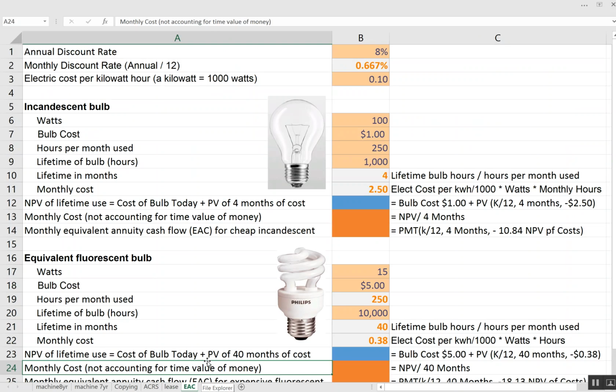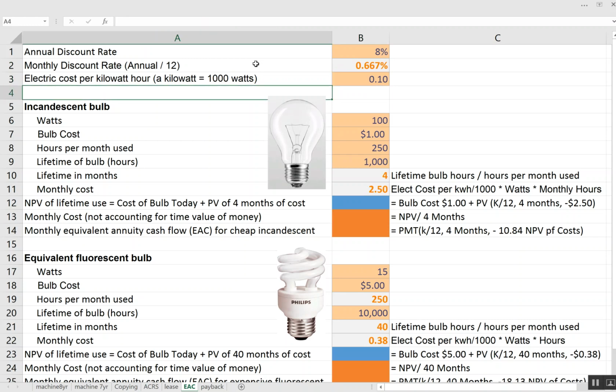We're going to calculate something called the effective annual cost, although in this case it's going to be a monthly cost. So say our annual discount rate in this case is an after-tax cost of debt of 8%. Our monthly discount rate is, I'll divide by 12, 0.667%. And let's assume that electricity is 10 cents per kilowatt hour. A kilowatt is 1,000 watts.